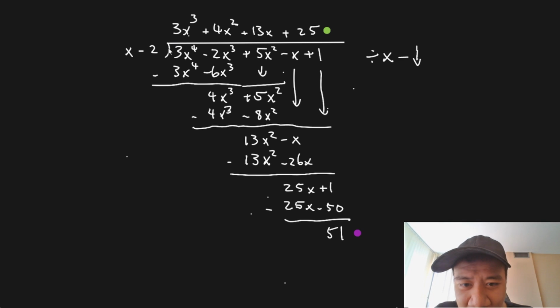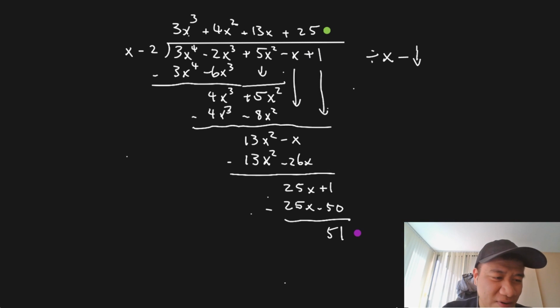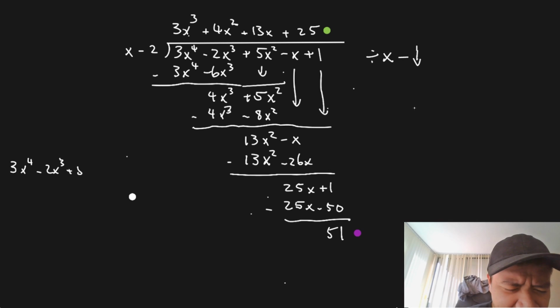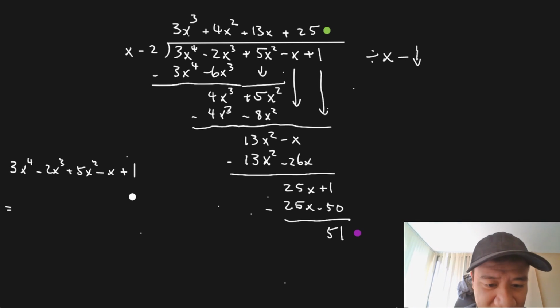Our polynomial that we originally started with is 3x to the 4 minus 2x cubed plus 5x squared minus x plus 1. So I'm going to write that out here.